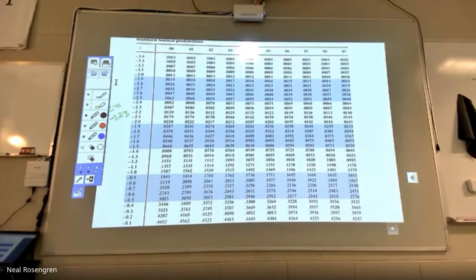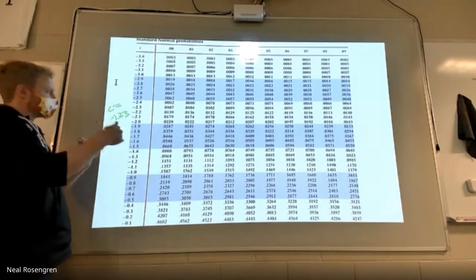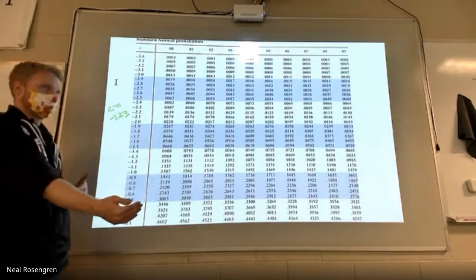See if you can find the right row and the right column, knowing that the first column is just going to be the first decimal, of course with the correct leading number. And then the last thing we have to do is find the right column for that 3. Right, negative 1.23.